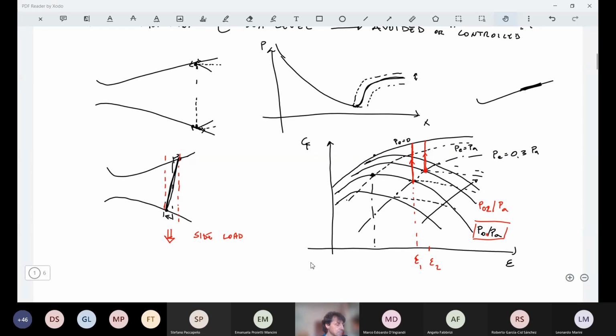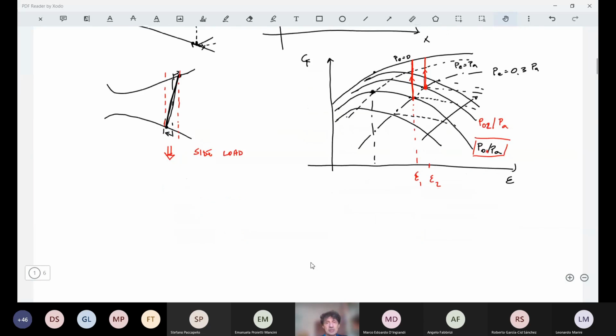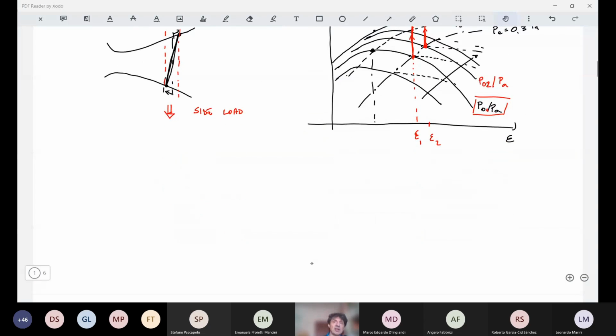Well, I imagine that some of you can have in mind the question why you are considering constant P0.